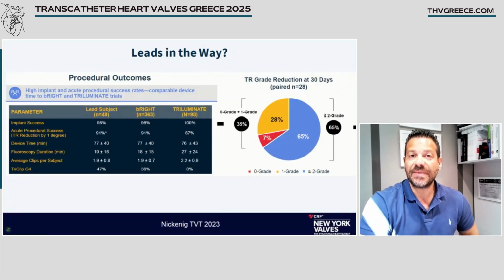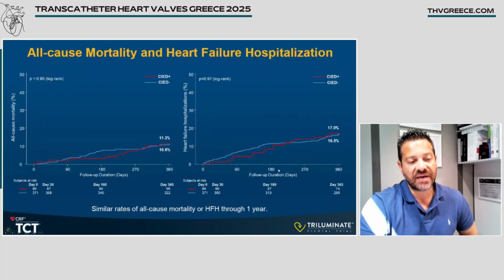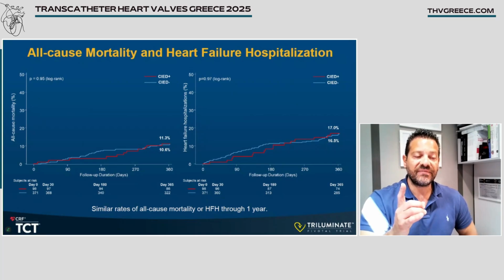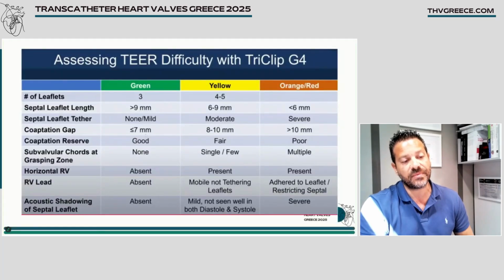If we have leads, but they are in the commissures in a good position, then we don't care because we have a good outcome. But if we have impinging of a leaflet or we have perforation, then this patient might be rejected from edge-to-edge repair.